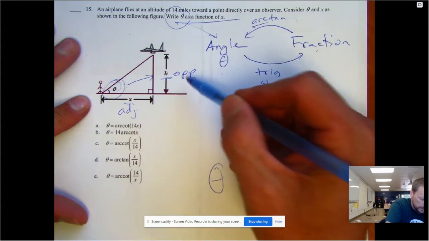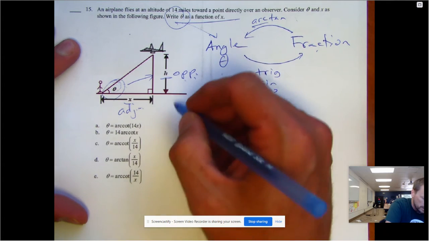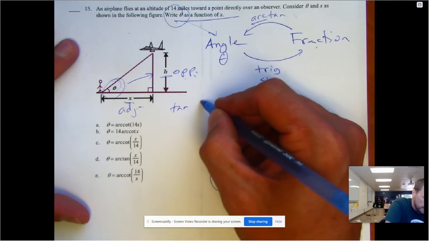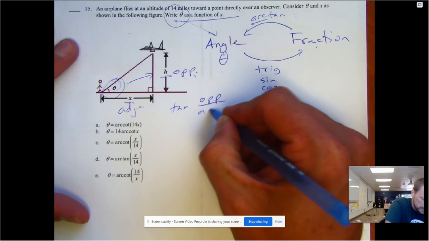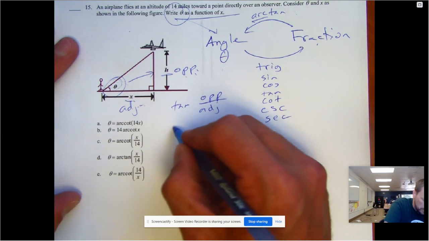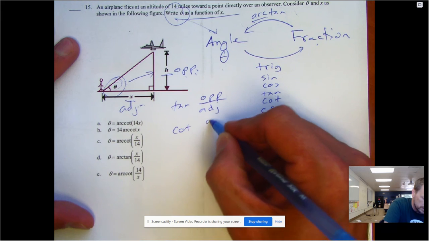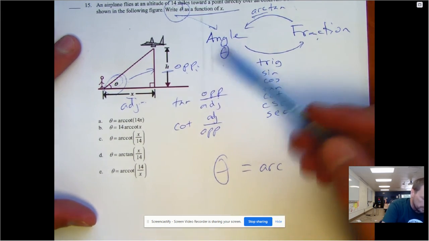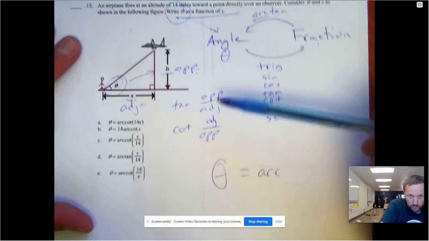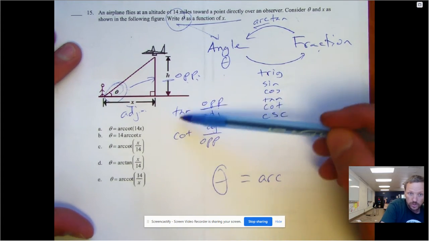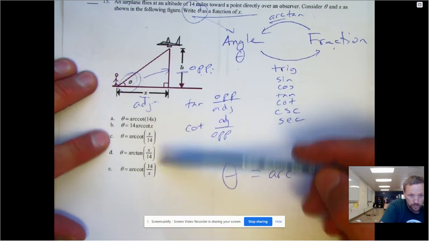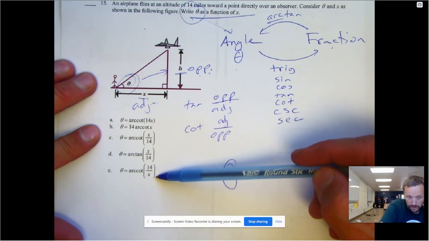And so for the relationship between opposite and adjacent, we're given a couple of options. Either we're going to say tangent would be opposite over adjacent, but if you did the reciprocal, which would be cotangent, that'd be adjacent over opposite. So there is more than one correct answer to the original prompt, but we just have to look to see which one actually fits what we're doing here.